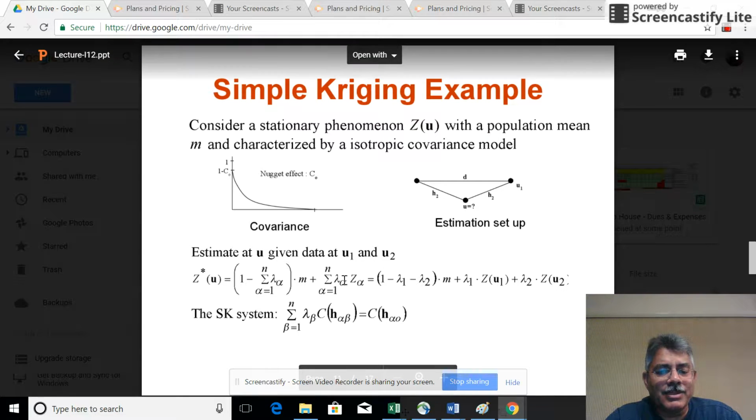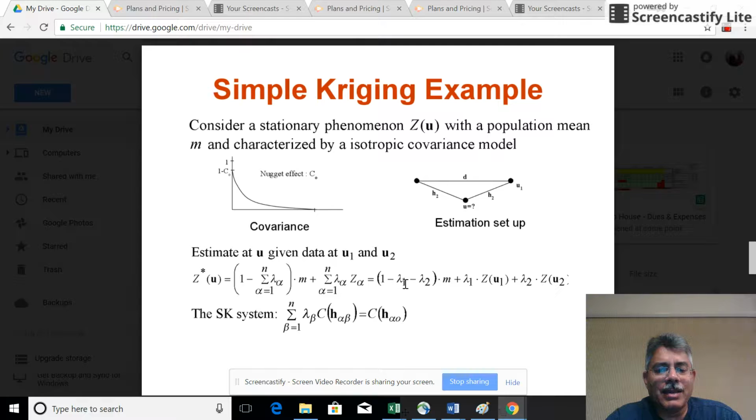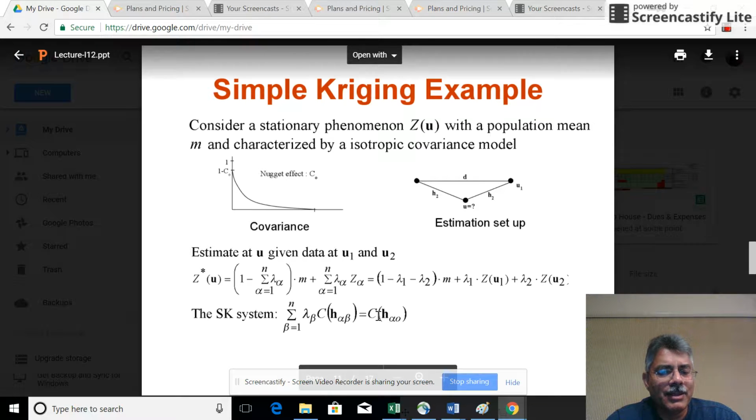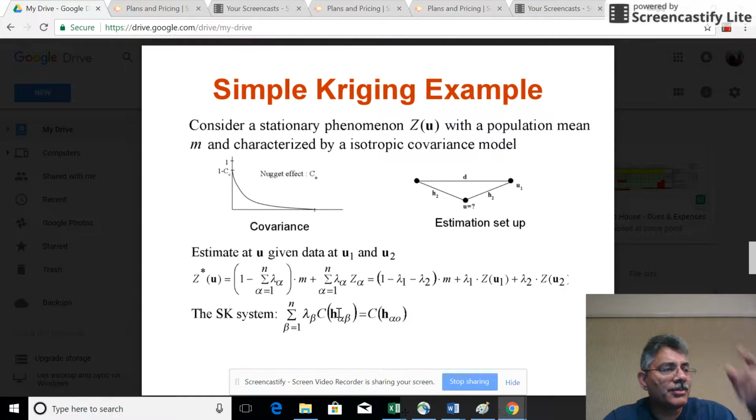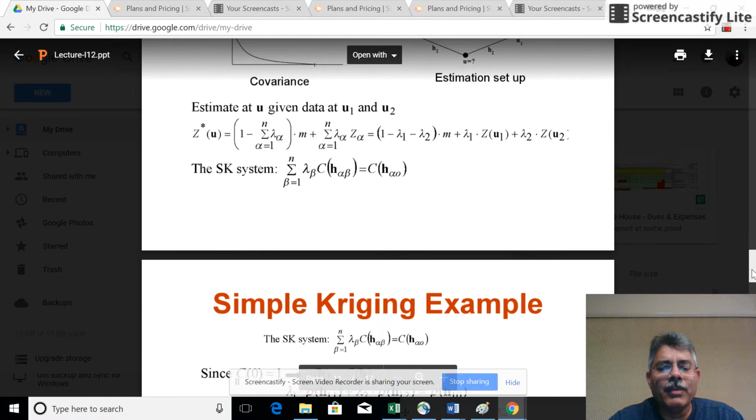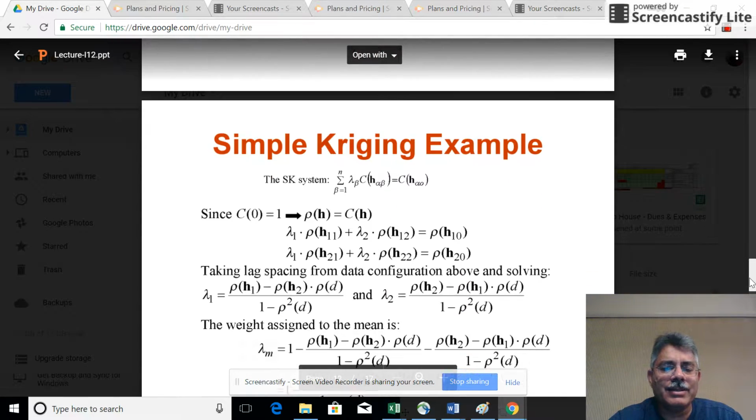So I can expand this 1 minus summation, 1 minus lambda 1 minus lambda 2 times m plus lambda 1 times z u1 plus lambda 2 times z u2. There are only two locations. And the kriging system is, again, a 2 by 2 system. There are only two data points. So you'll have two terms in the first equation, two terms on the left-hand side for the second equation. So you have a 2 by 2 system. And you can solve that very easily.